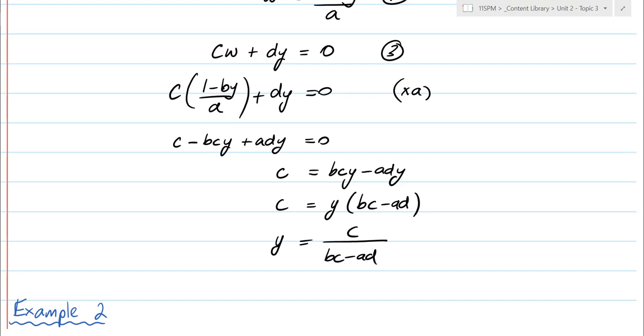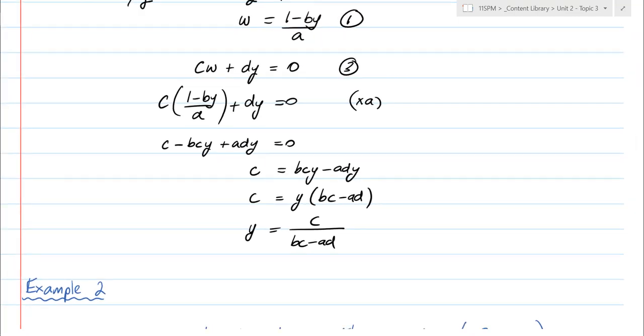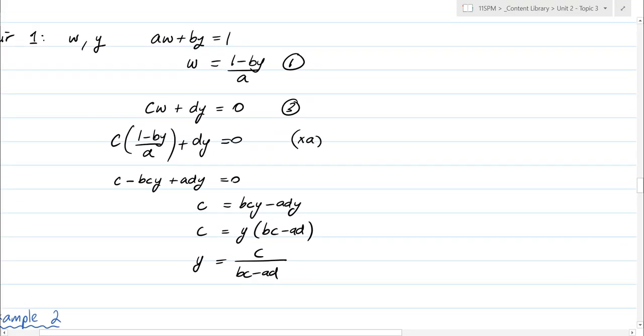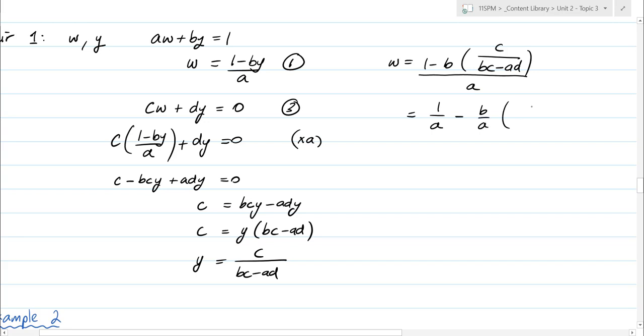And we can get our W value in the same way, and it's a bit easier because we've already got our W here. So W is equal to 1 minus B times Y, which is C over BC minus AD, and then it's all divided by A. Which is a bit of a pain to simplify, but I can write that down as 1 over A minus B over A times C over BC minus AD.